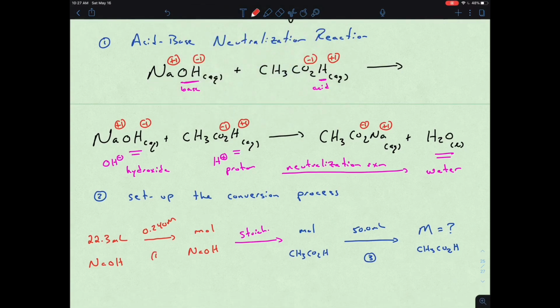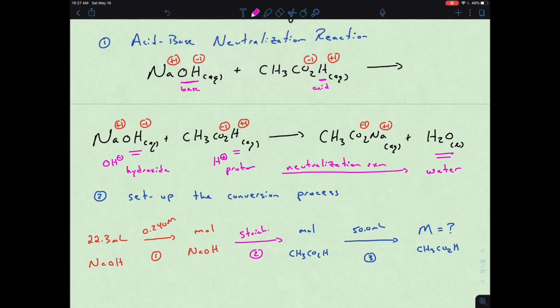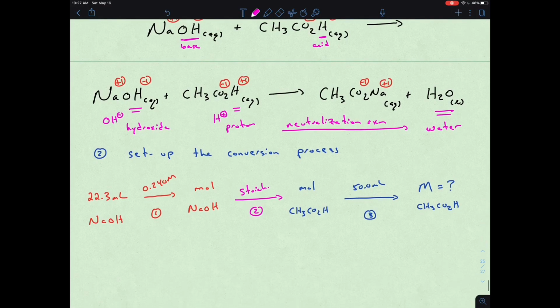Our first step is getting into moles. Second step, then getting into moles of the other molecule, the analyte. So first getting into moles of the titrant, and then getting into moles of what we're actually analyzing, the analyte, which is the acetic acid. So we could just now set that up as a conversion.